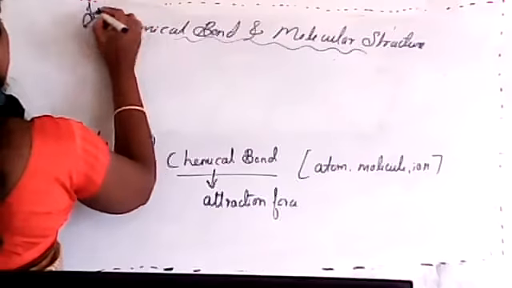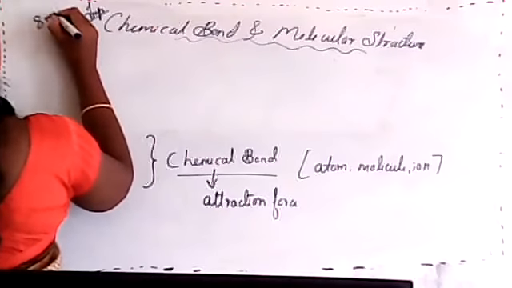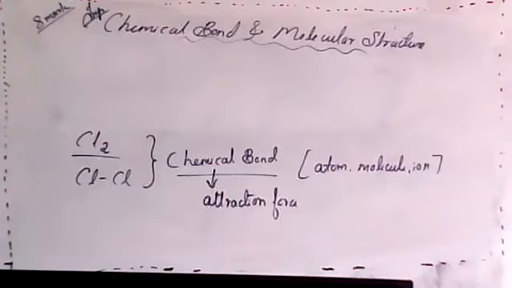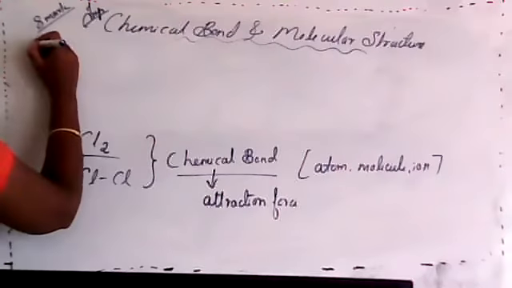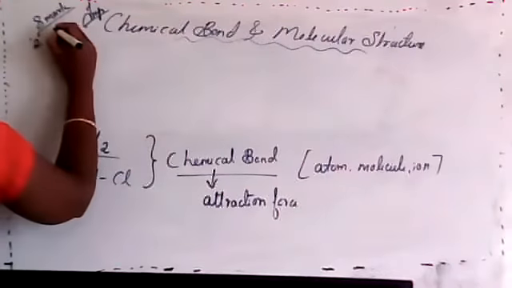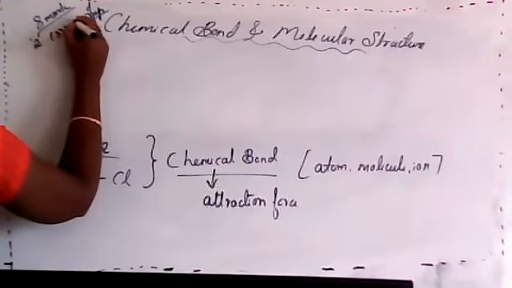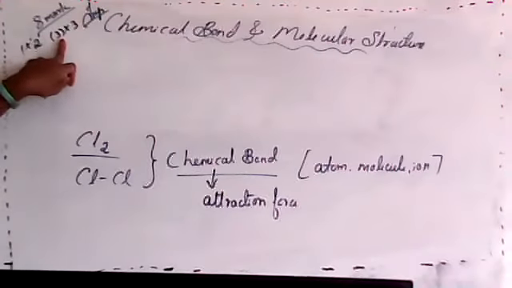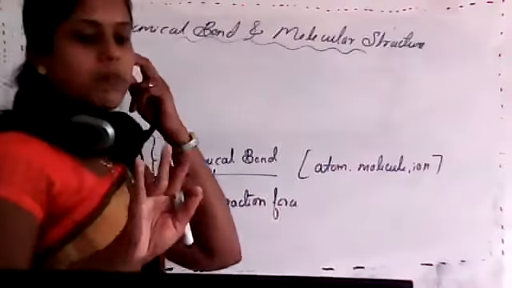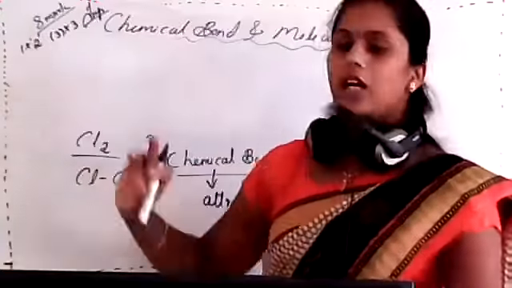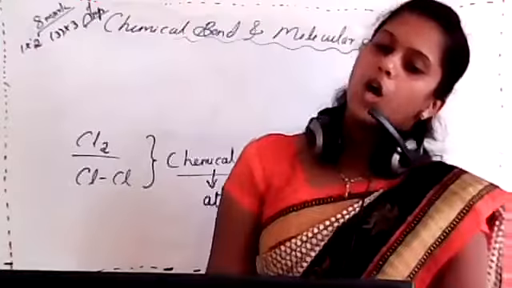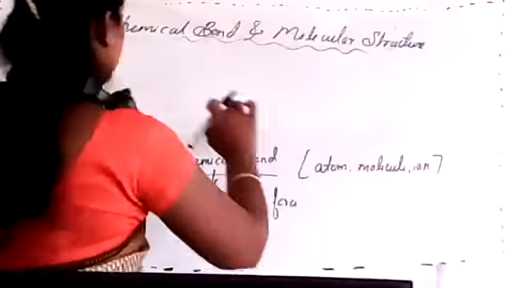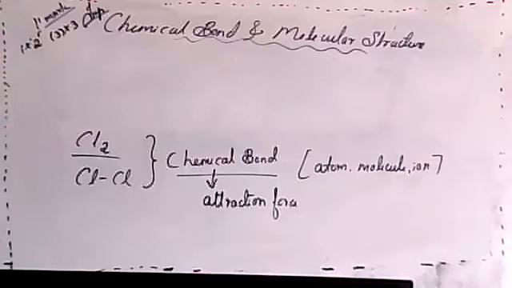You may get almost 8 marks of important questions from this chapter. I'll consider it like this: you will get 3 questions of 3 marks and 1 question of 2 marks in the board examination, almost 11 marks of important questions.